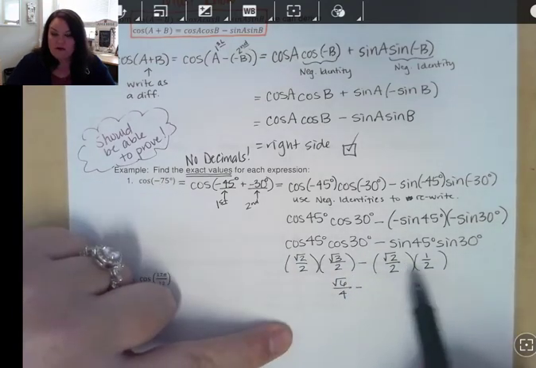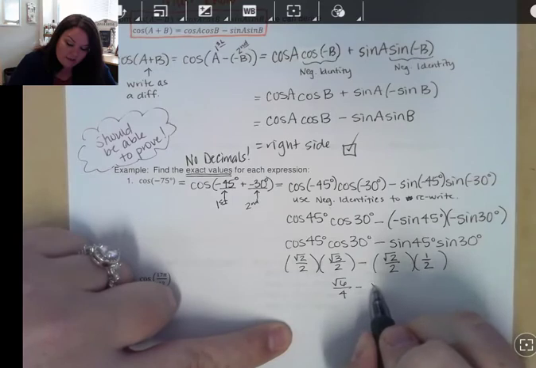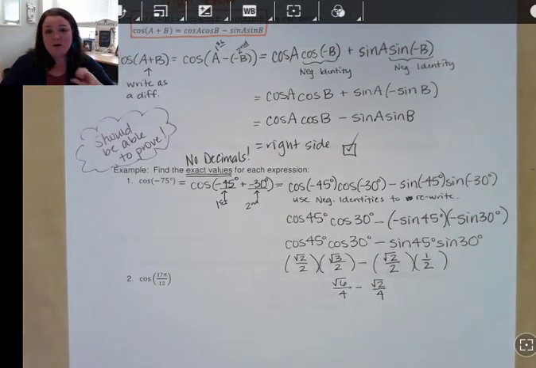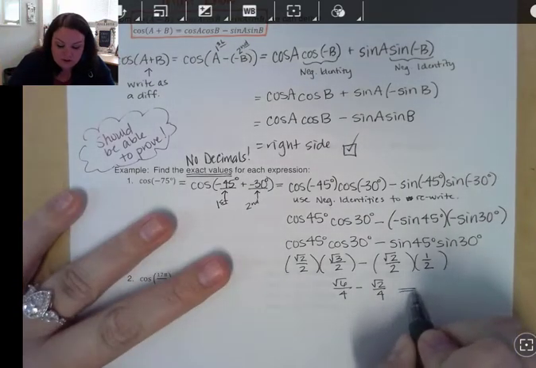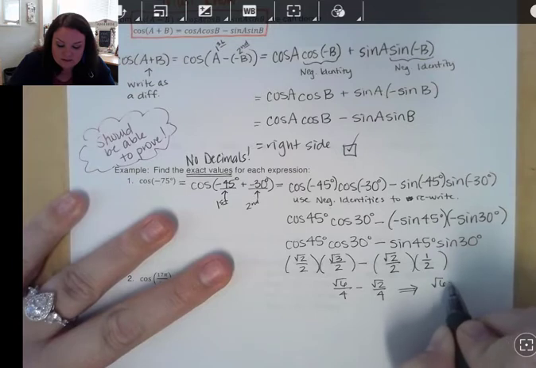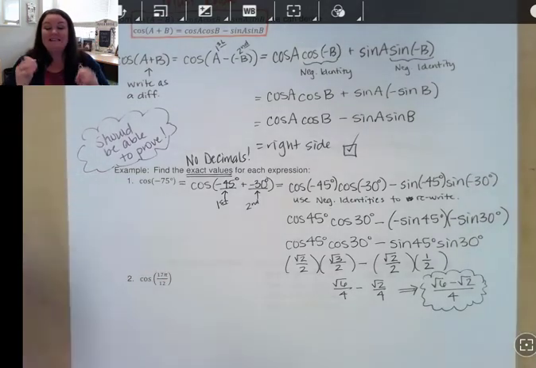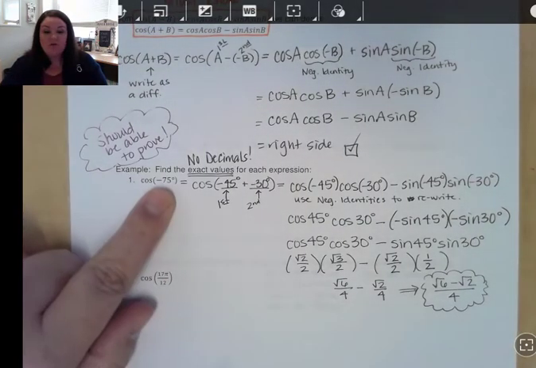Minus, when I multiply my other two fractions together, I get square root of 2 over 4. Even though I can't combine the square root of 6 and the square root of 2, I can write it all as one fraction. So this gives me the square root of 6 minus the square root of 2, all over 4. And that's my exact answer for cosine of -75.